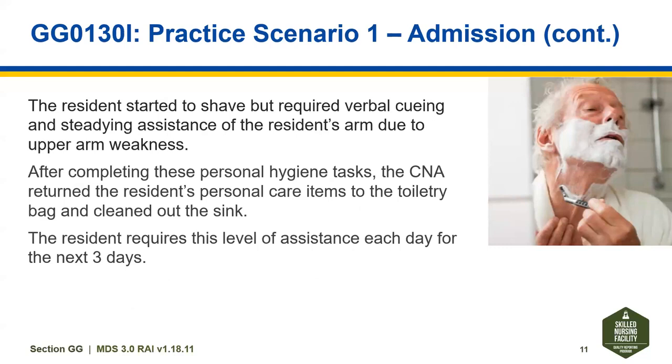The resident started to shave, but required verbal cueing and steadying assistance of the resident's arm due to upper arm weakness. After completing these personal hygiene tasks, the CNA returned the resident's personal care items to the toiletry bag and cleaned out the sink. The resident requires this level of assistance each day for the next 3 days.